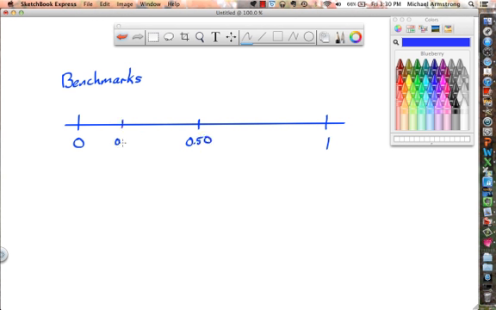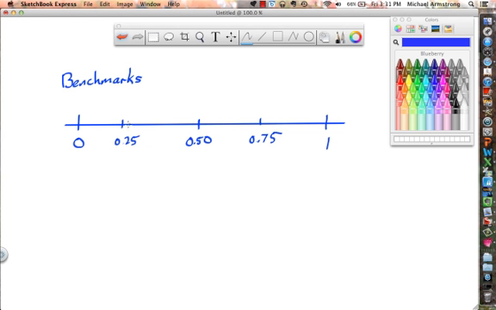So this would be 0.25, and this would be 0.75. You can think about this like cents if you want to, like 25 cents, 50 cents, 75 cents, and a dollar. Okay, 0 and 1 are our two big marks, and we've got it split up into quarters. It's like 1 quarter, 2 quarter, 3 quarter, 4 quarter.